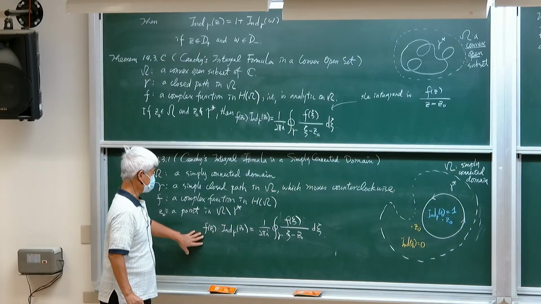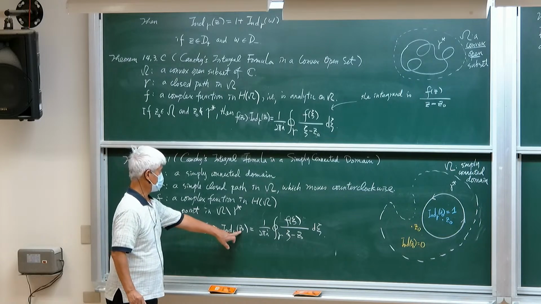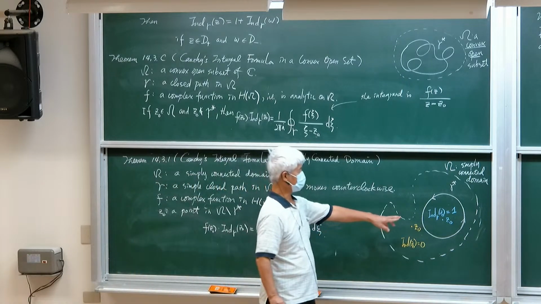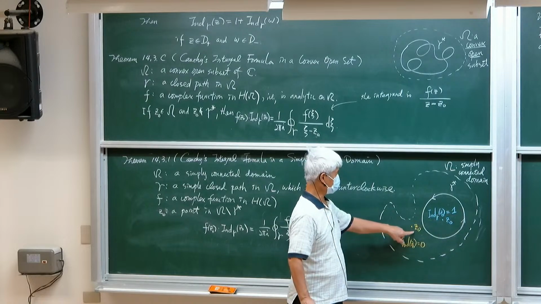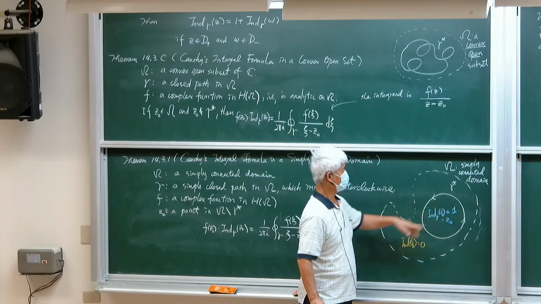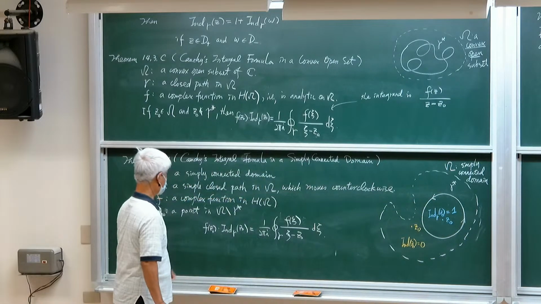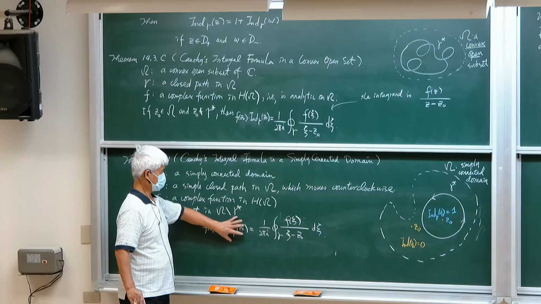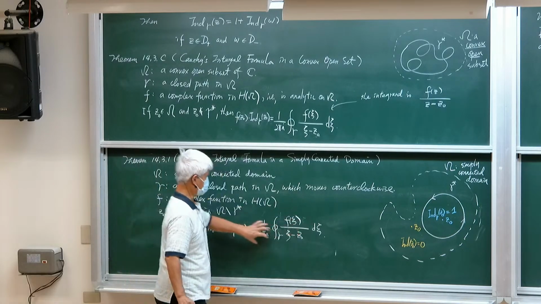And as you can see, if z0 is not enclosed by the simple closed path, then this is 0. Okay, so the integral will be 0.